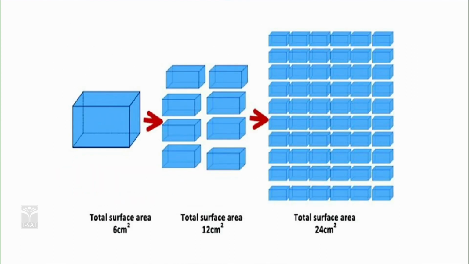You see here, for example, take a cube where the surface area of this cube is 6 centimeters square. When you divide the same cube into 8 parts, the total surface area of the 8 parts of the cube is 12 centimeters square. When this is sliced into many more cubes, the surface area provided by the total number of cubes is 24 centimeters square.